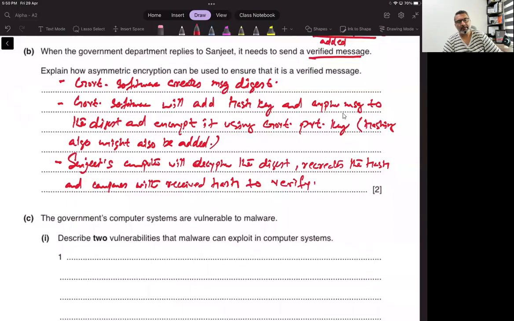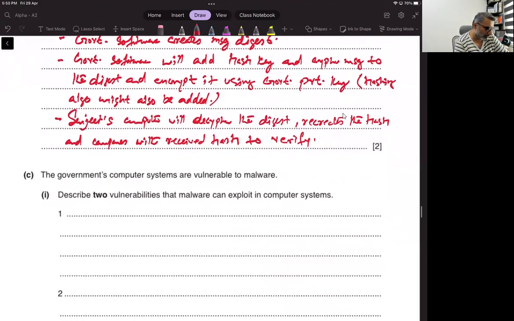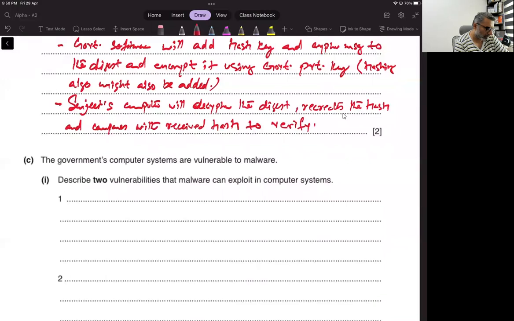Okay. The government's computer systems are vulnerable to malware. Describe two vulnerabilities that malware can exploit in the computer system. All right. Vulnerabilities are when we actually use the computer, there might be several things, like we are opening an email from an unknown source.